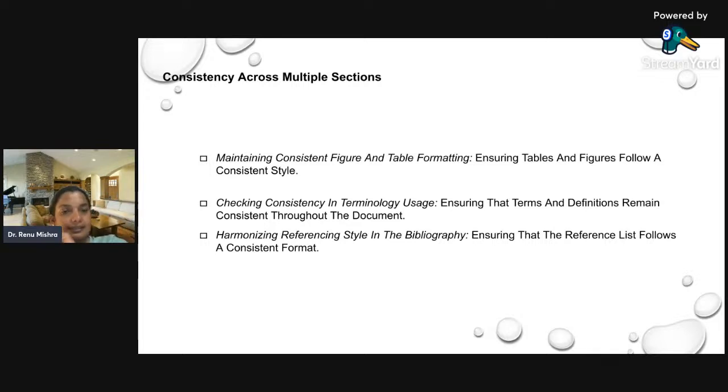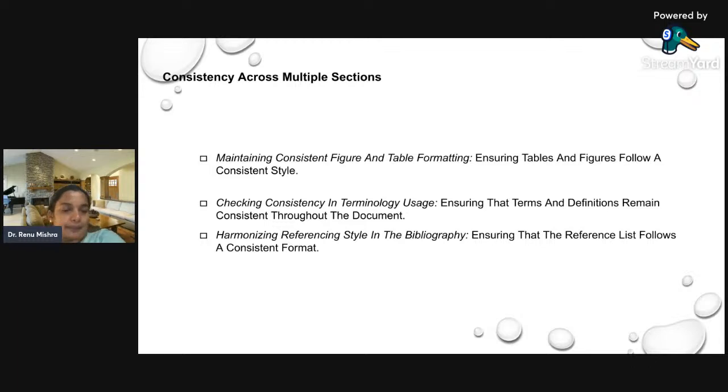Second thing, terms and definitions should also be consistent throughout the document. Plus, the referencing should be consistent throughout the document. It should not be that somewhere it is APA, somewhere it is Harvard. It is consistent, and mind me, I have seen this happen as well.